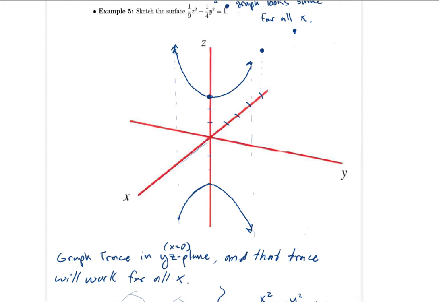And I'm kind of running into my stuff there. But then this will allow me to give a sense for the fact that this thing is a sheet. Okay, and then what I can do is connect these points that I've just made.